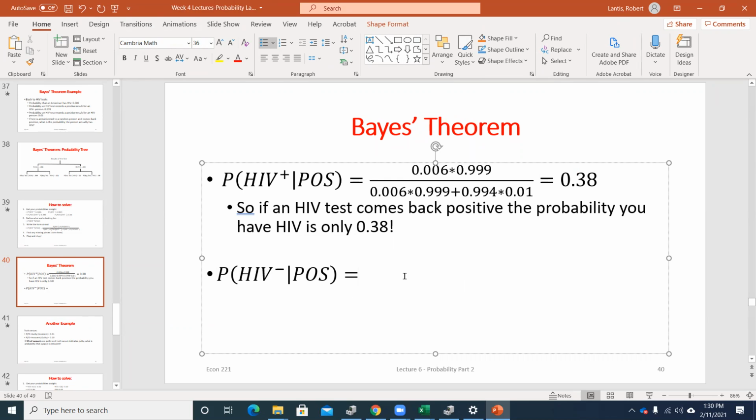Given the work that I already did, how could I come up with this pretty quickly? So up here, given that I saw a positive test result, the probability that I actually had the disease was 0.38. So now I'm saying, given that I see a positive test result, what's the probability they don't have the disease?